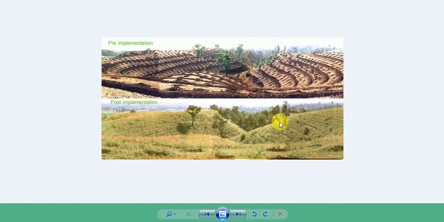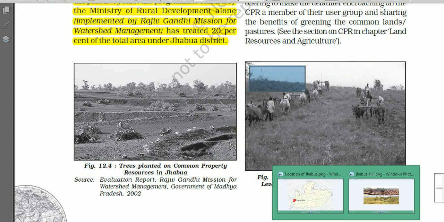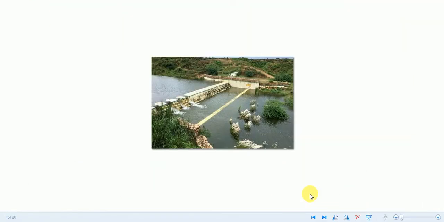This is after implementation; before implementation, this one. And they are also making check dams in Jhabua district. So these are also some of the measures of the watershed management program.